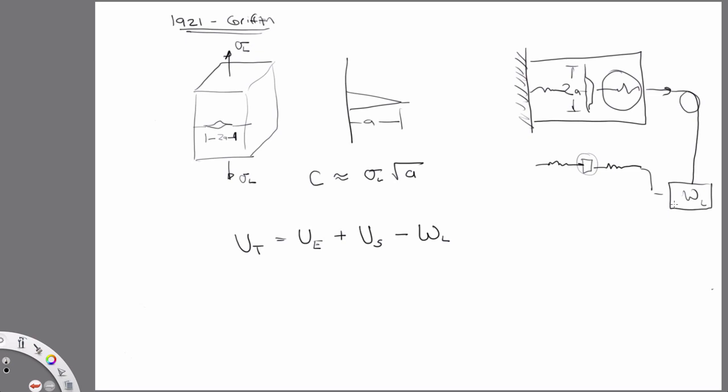So basically, we're going to take the derivative with respect to the change in crack length of both sides of this equation.